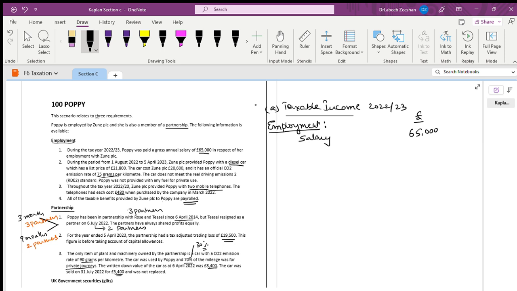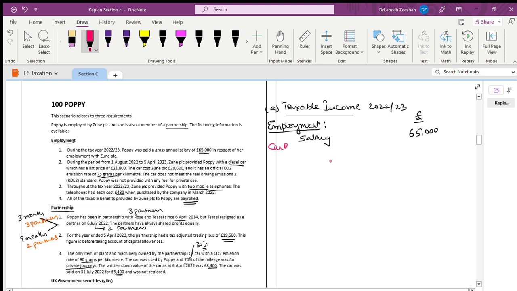Beyond that, you have to calculate additionally: 16% plus 1% for every 5 grams. I will write here with this one, so that it will be easy for you.